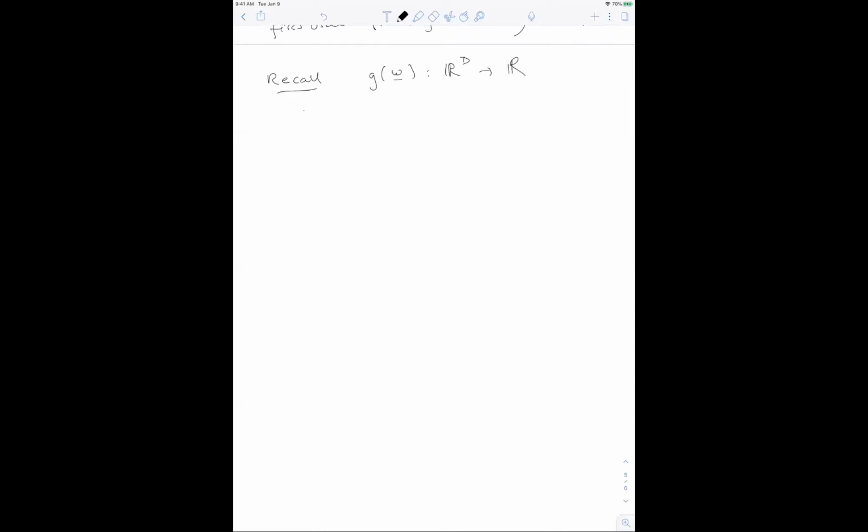Then one thing I want you to remember, hopefully you've seen before, is the gradient vector of that function. What's the gradient vector? It's the vector where the components of the vector are given by the partial derivatives with regard to the parameters of the function.